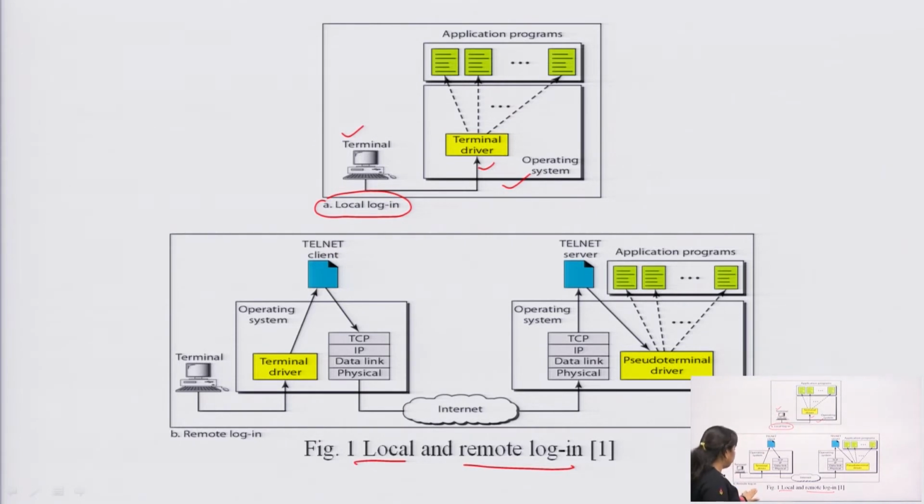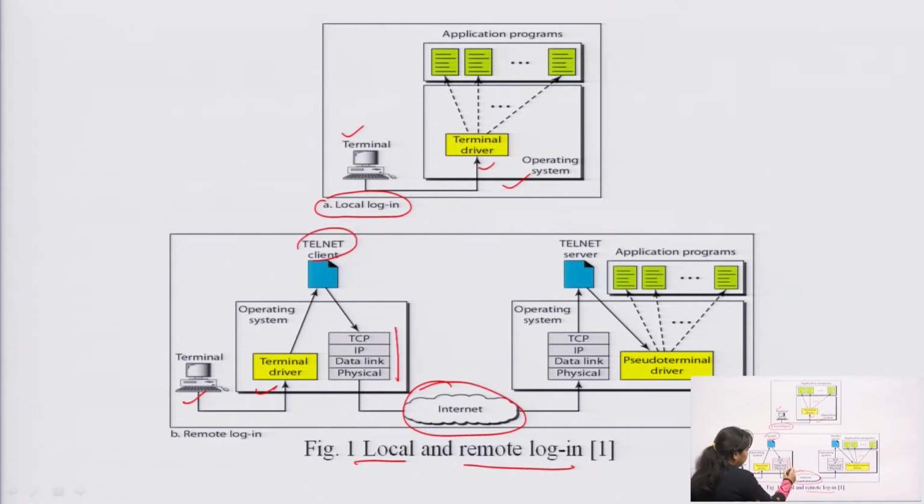Now, next is the remote login procedure. You can see here that the main use is of the internet. If I want to access a device which is not directly accessible, from a remote area, meaning far apart, that will be done with the use of the internet. You can see the procedure to transmit the information: this is the terminal, and this is the terminal driver which will access the telnet client.